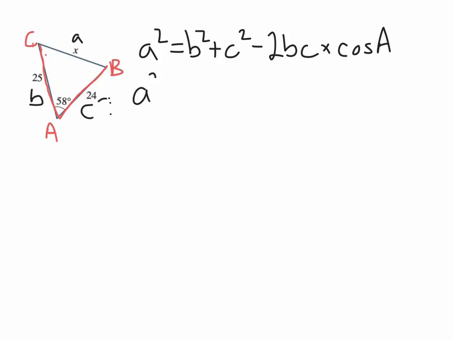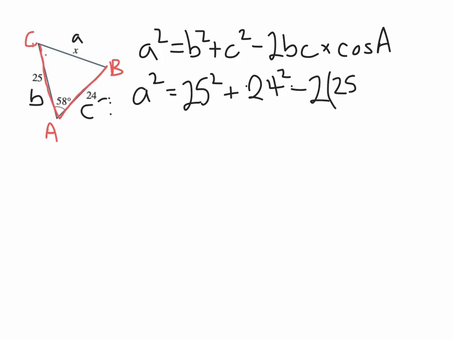We know that A squared equals 25 squared plus 24 squared minus 2 times 25 times 24 multiplied by the cos of 58 degrees.